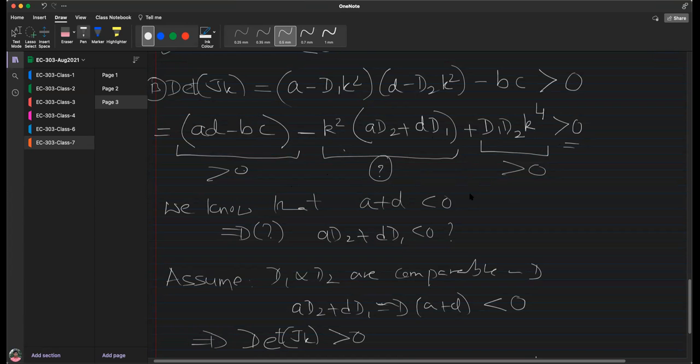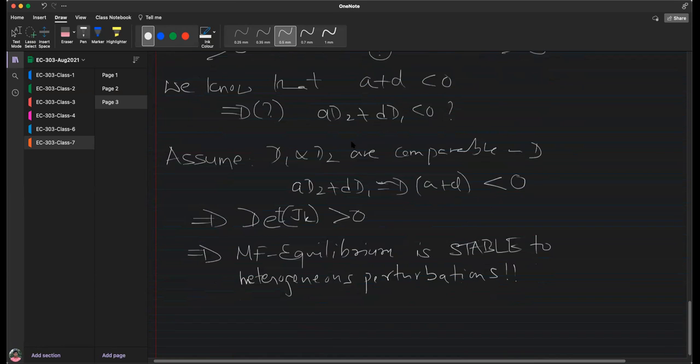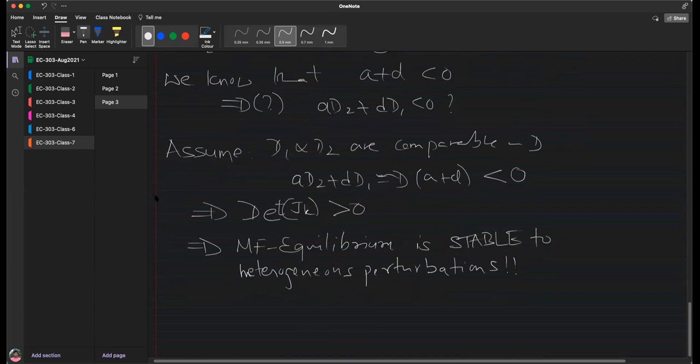The stability goes away, right? Now if this term has to be negative, what should this term alone, AD2 plus DD1, be? The minimum necessary condition is that it should be positive.